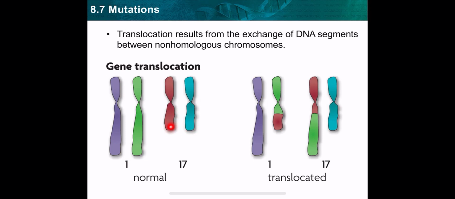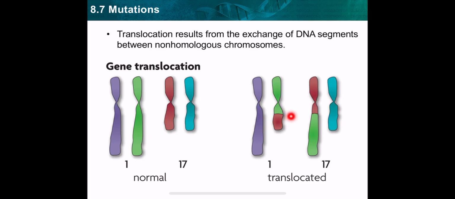So can I say the red and green are homologous? No, of course not. They don't have equal genes and they don't have equal sizes. So the exchange of segments normally should occur between homologous chromosomes. But in some cases, due to mutation, the exchange of segments occurs between non-homologous chromosomes, for example, the green and red.